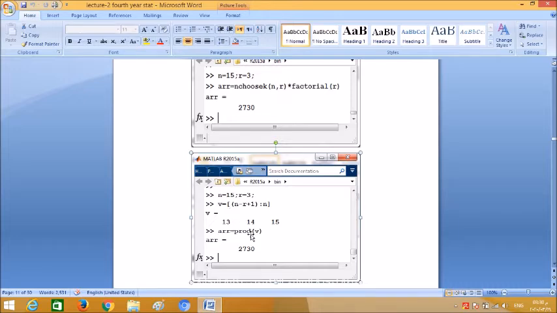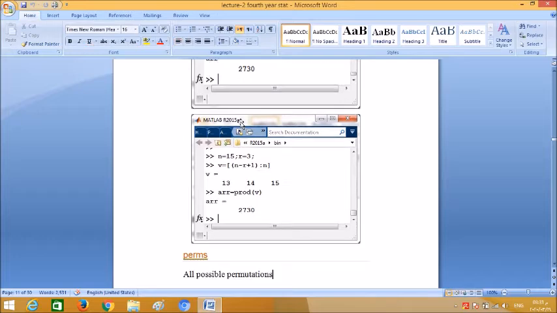Also you can use prod, the function prod. Prod means the product of 13 by 14 by 15, but it's not better. It's better for you to use n choose k and factorial. So prod here is not important like n choose k and n factorial.